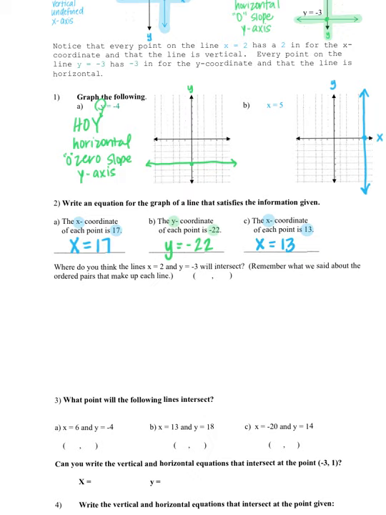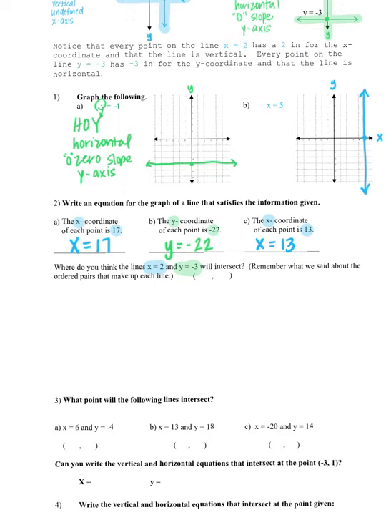So where do you think the lines x equals 2 and y equals negative 3 will intersect? Remember what we said about the ordered pairs that make up each line.